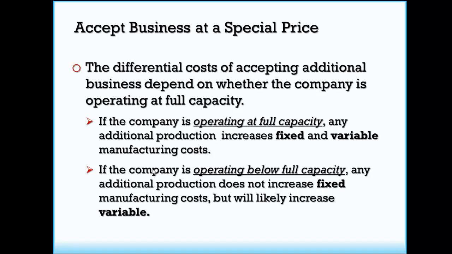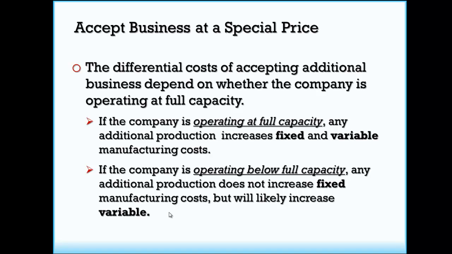Now, if the company is operating below full capacity, that means that there's some room in the factory. So maybe there's some extra space on the conveyor belts. Maybe there's some people that are there to work, that are salaried. Maybe there's supervisors that are there, and they could take on some more work, right? So if that's the case, additional production is not going to increase the fixed manufacturing cost, but will likely increase the variable.